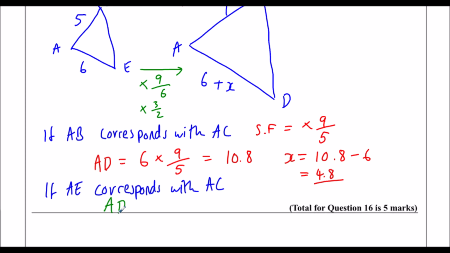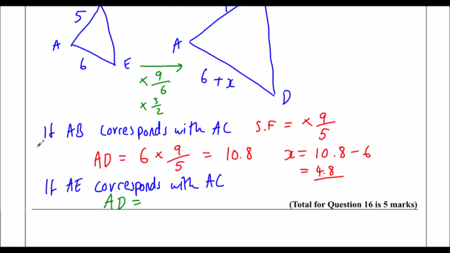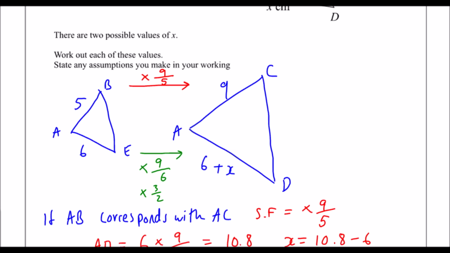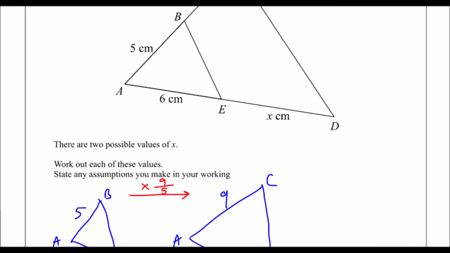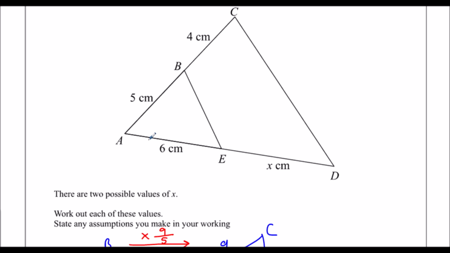So AD would be AB, which is 5 times 1.5, which is 7.5. And x would be 7.5 take away 6, which would be 1.5. So it's either 4.8 or 1.5, depending on which side is an enlargement of which side.